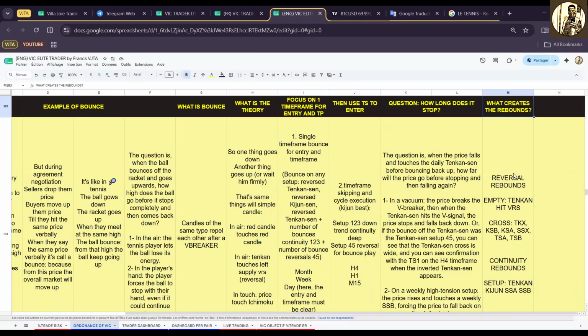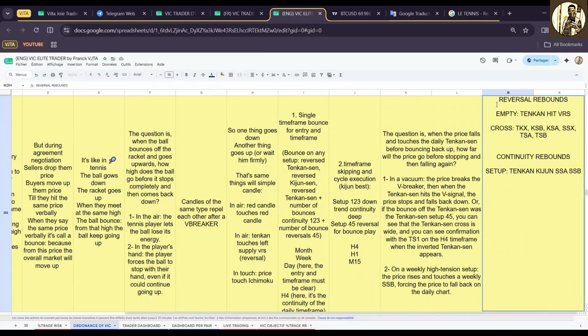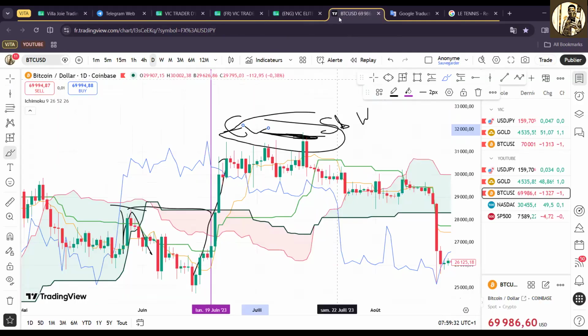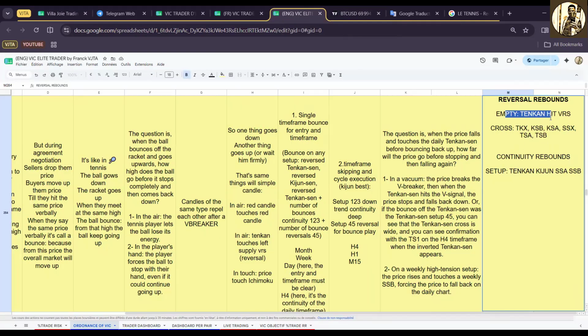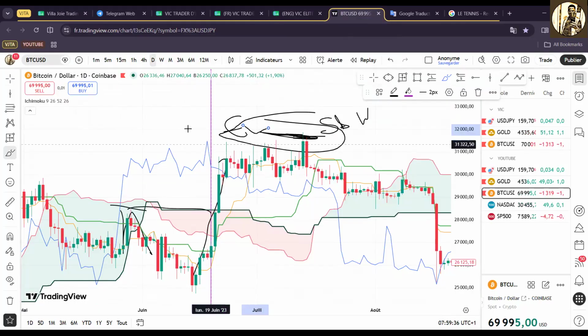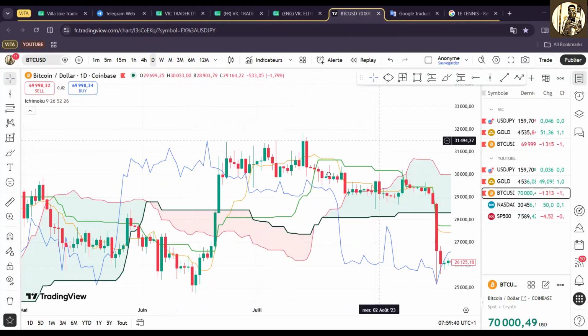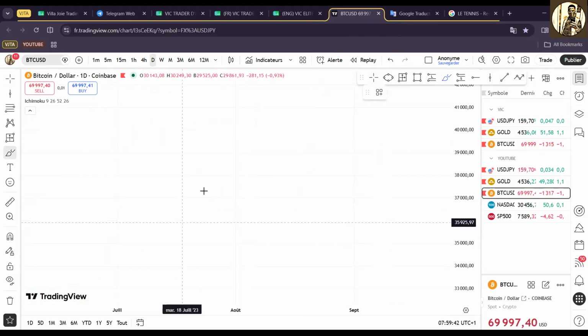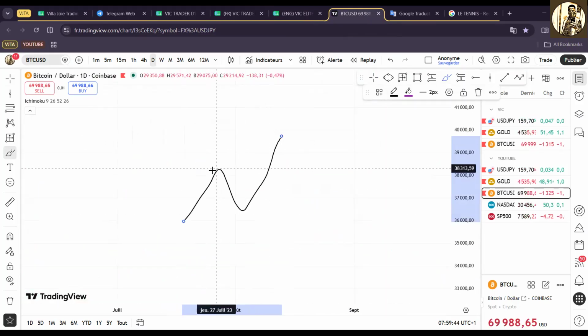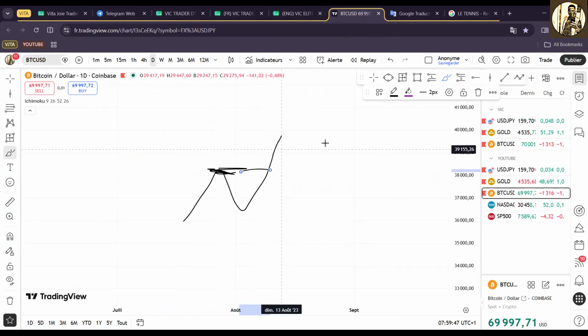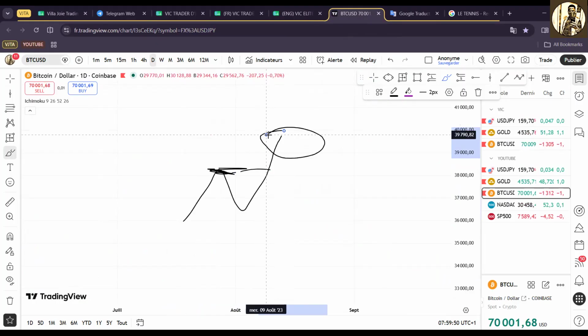What creates rebound? First of all, the emptiness. When the price moves to the upside, passes the V breaker and breaks this V, when the price is inside the emptiness, it's already a reversal.